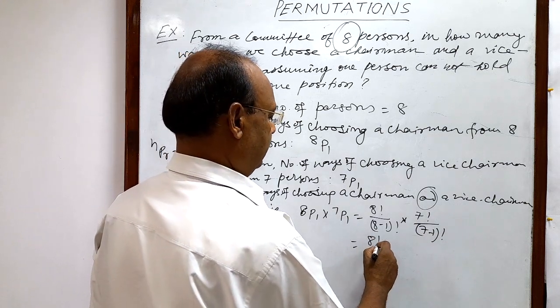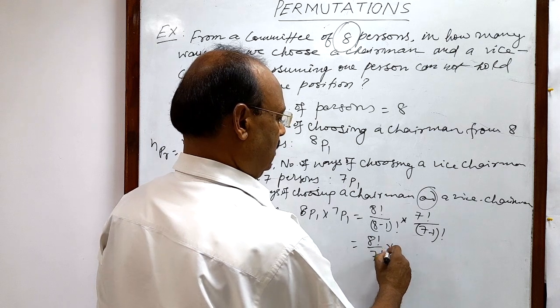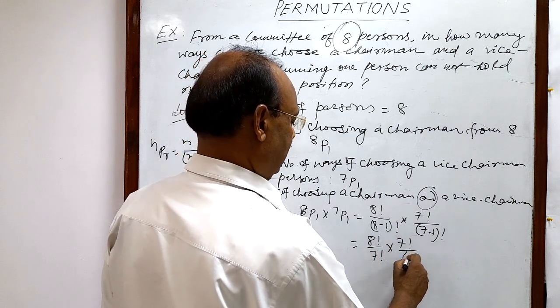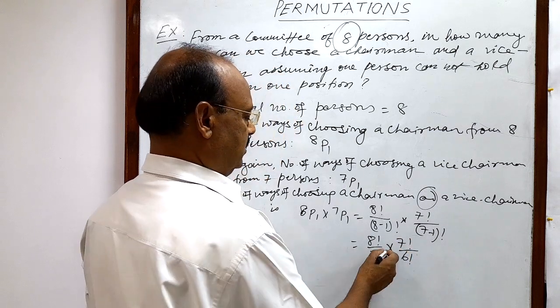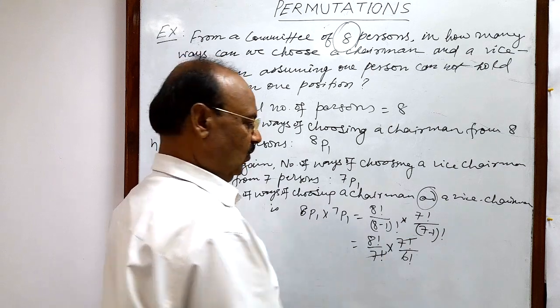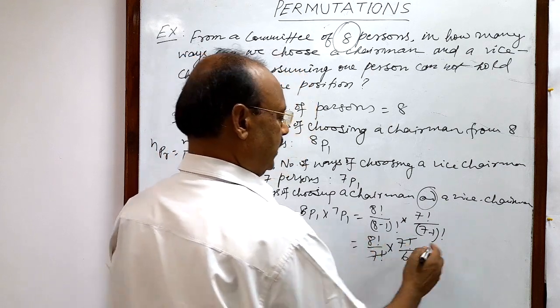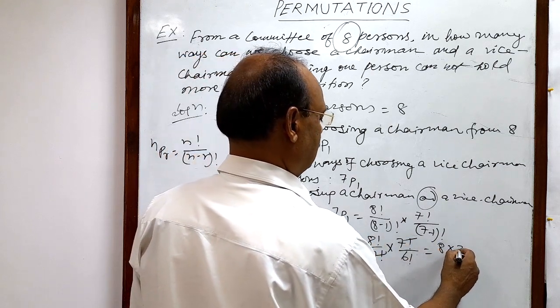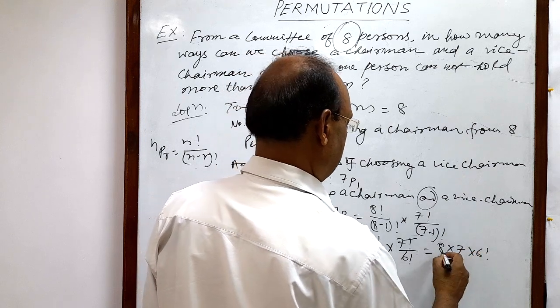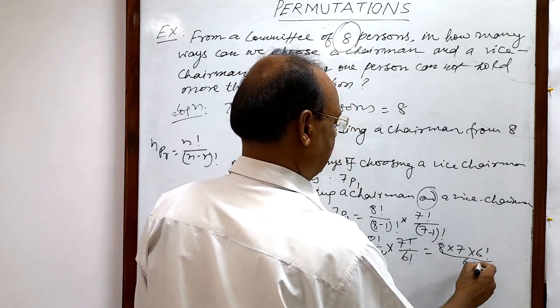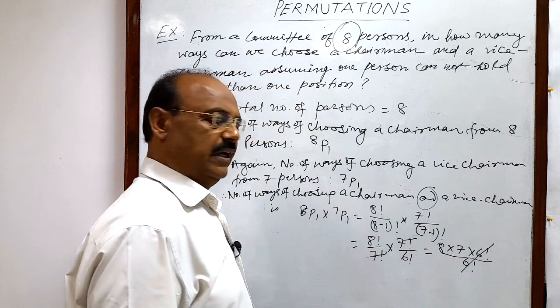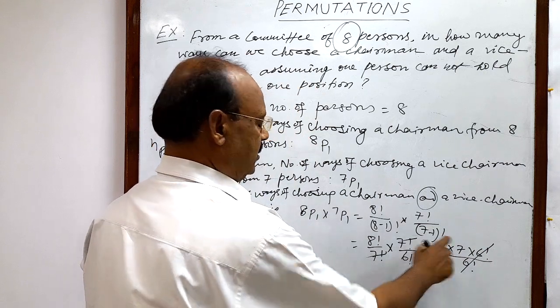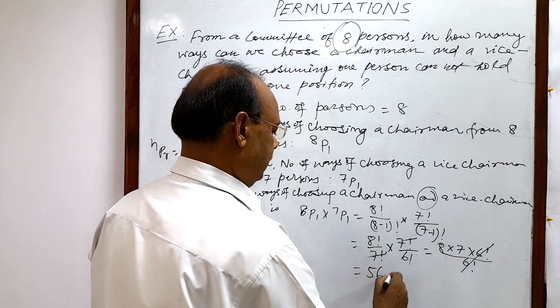This is equal to 8 factorial by 7 factorial into 7 factorial by 6 factorial. This 7 factorial will be cancelled out. Okay, and here 8 factorial can be written as 8 into 7 into 6 factorial, and this is divided by 6 factorial. Again 6 factorial will be cancelled out, and we are getting 8 into 7 is equal to 56.